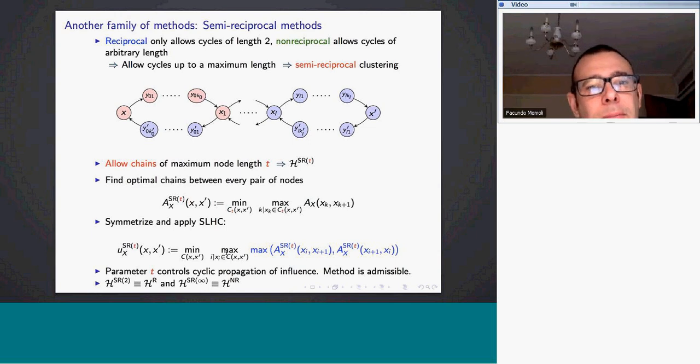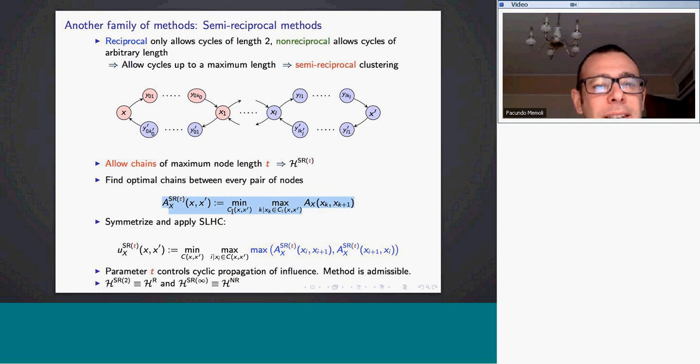So for semi-reciprocal methods, we do the following. Take some positive integer t bounded by 2, and we compute a new dissimilarity from your original dissimilarity A_X, and we change that dissimilarity in the following way.